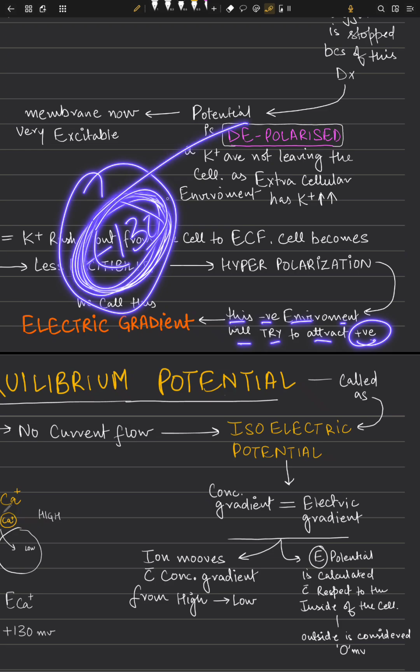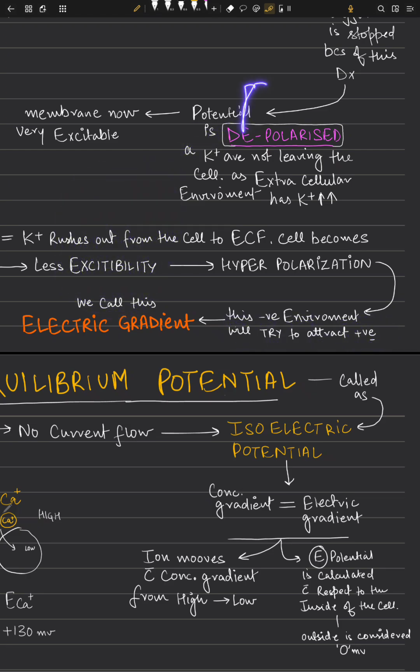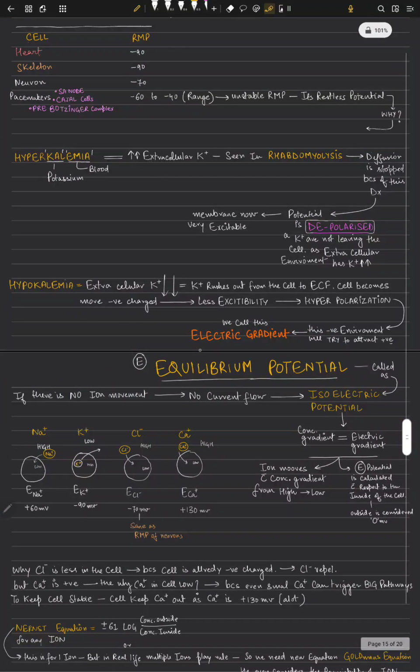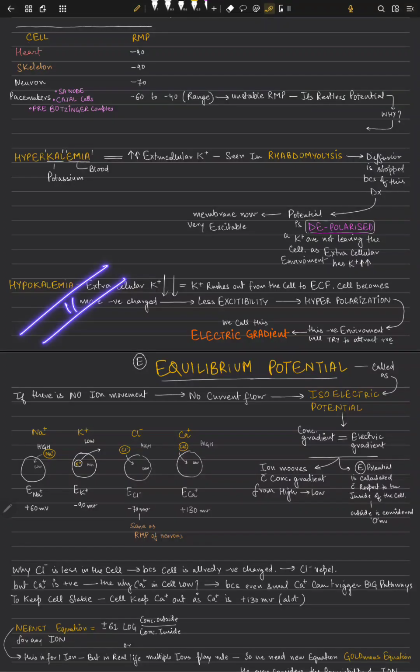This attraction of charge from ECF, extracellular fluid, to intracellular fluid is called the electric gradient. So the electric gradient and the concentration gradient: when both are equal, we achieve equilibrium potential.